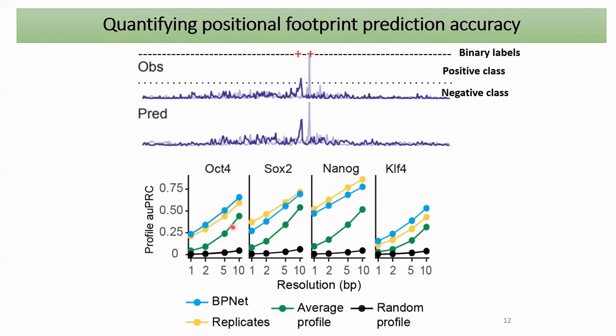And finally, there is an upper bound, or something close to an upper bound. We took replicate experiments for the same TF, and used one replicate to predict the other. We computed the AUPRC that way. What you see is, at least in terms of footprint precision, that is the positional precision of the footprints, the BPNet model is as good, or in some cases slightly better than the replicates, because it's able to denoise the data, and we're evaluating against the pooled sample across the 2 replicates.